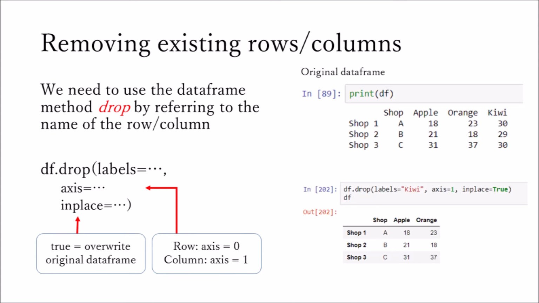For example, if we pass labels equal kiwi and set axis equals 1, then the final data frame will have only 3 columns: shop, apple, and orange. Notice that if you do not set axis, Pandas by default assumes the labels are for the rows.